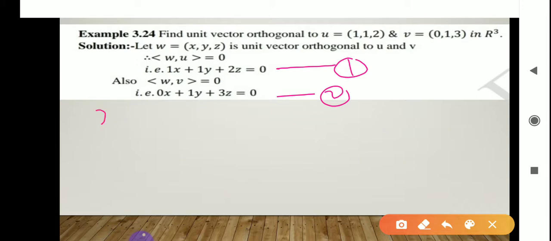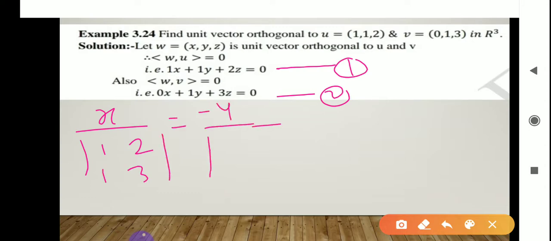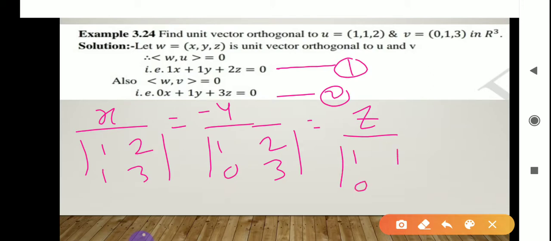So what is Cramer's rule? x upon the determinant of the coefficients of y and z, from the first equation 1, 2 and from the second equation 1, 3, equal to minus y upon the coefficients of x and z, from the first equation 1, 2 and from the second equation 0, 3, equal to z upon the coefficients of x and y, from the first equation 1, 1 and from the second equation 0, 1.